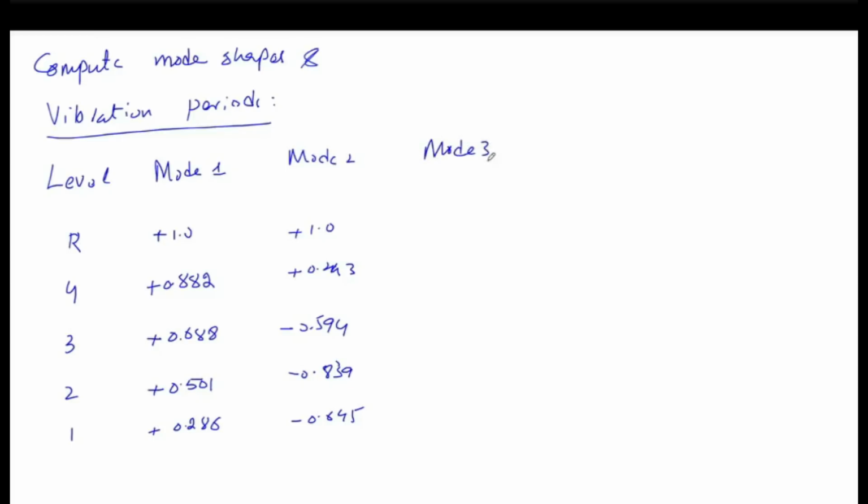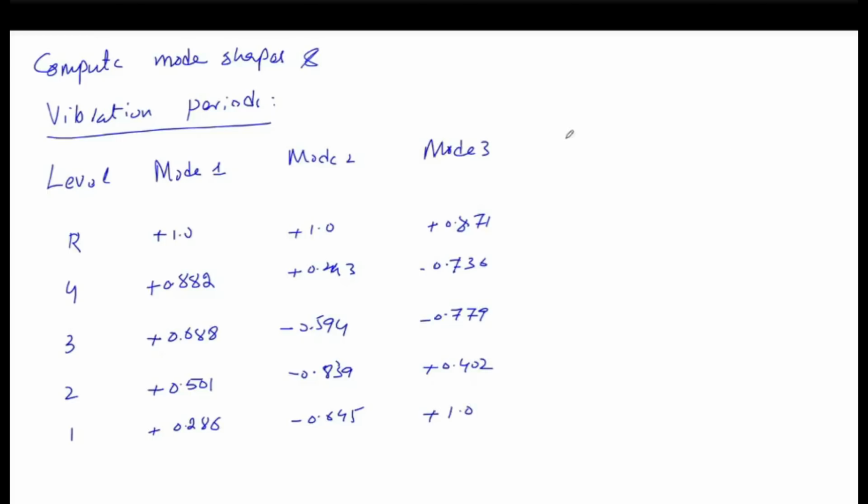Now for mode 3, it's plus 0.87, 0.71, minus 0.736, minus 0.779, plus 0.402, and plus 1 here.